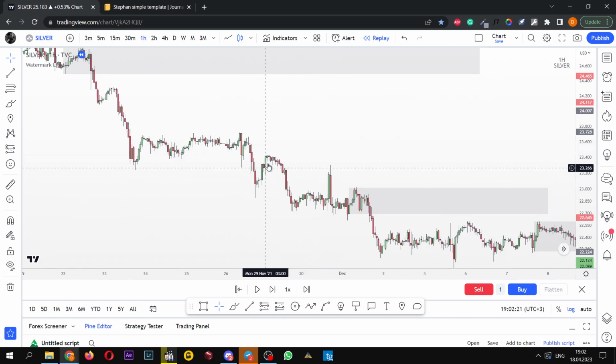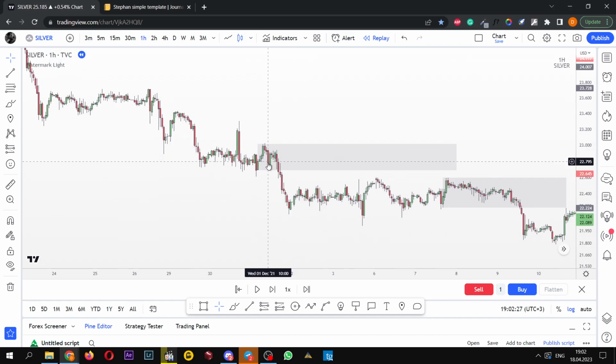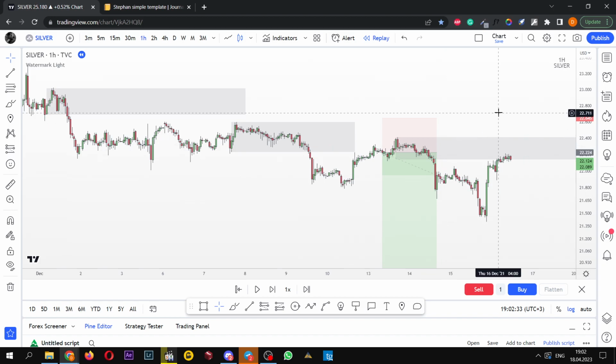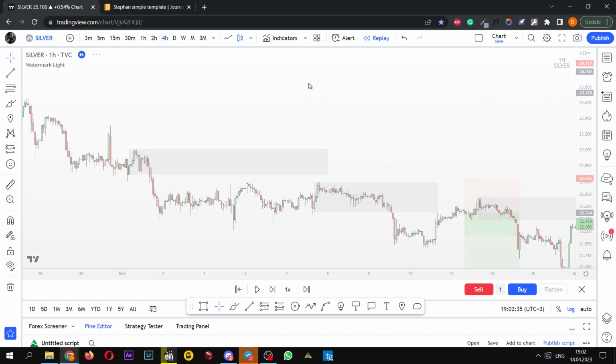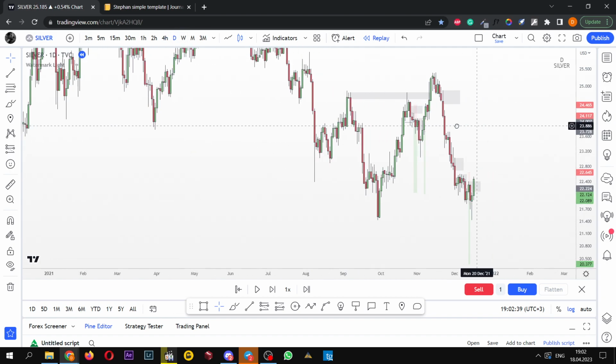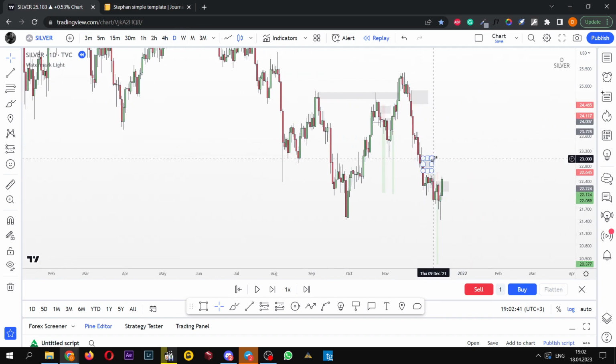This should be an entry, of course, so we have a break and some hidden zones. This one was not taken all the way to the highs, and this one was a break even. So basically, because of how the price moved, really impulsively, it was hard to have this classical confirmation.